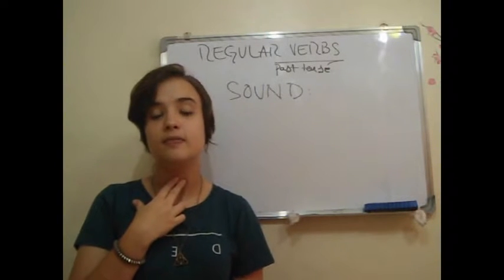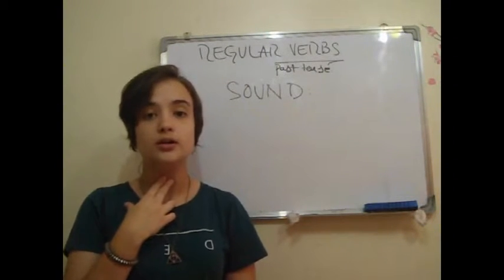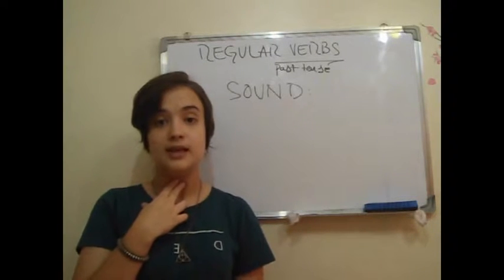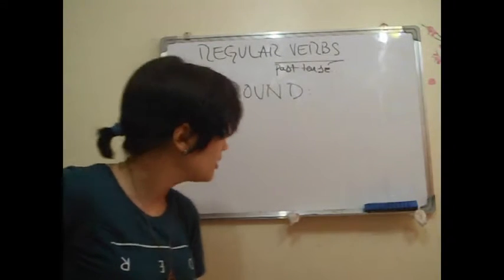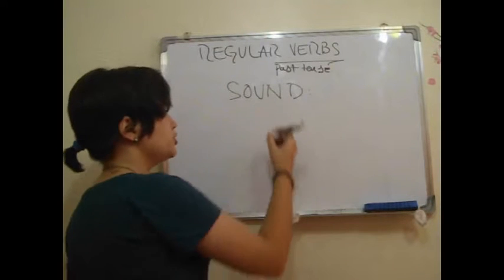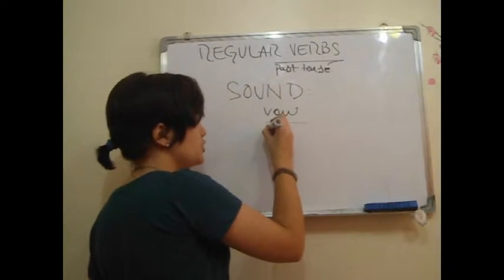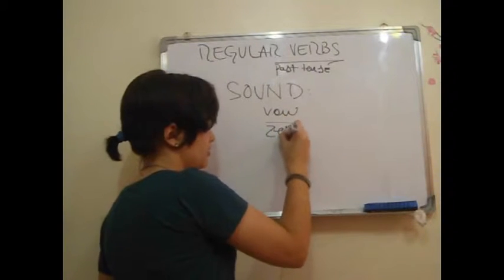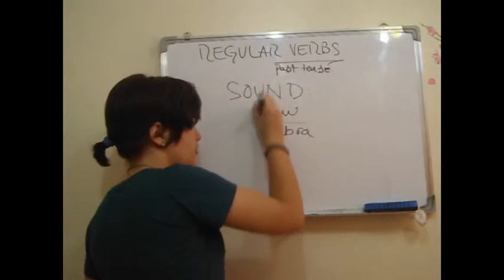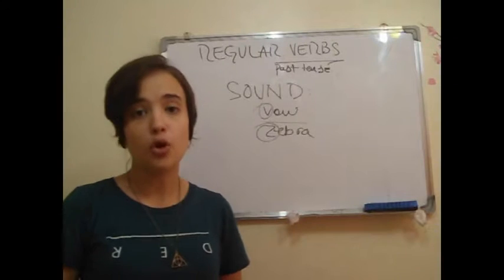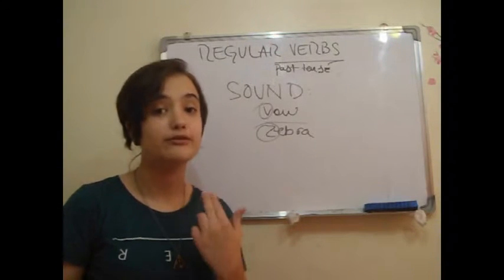Fake, vow, snake, zebra. Probably you could notice that when you pronounced vow and when you pronounced zebra, the first letter made your cords vibrate.